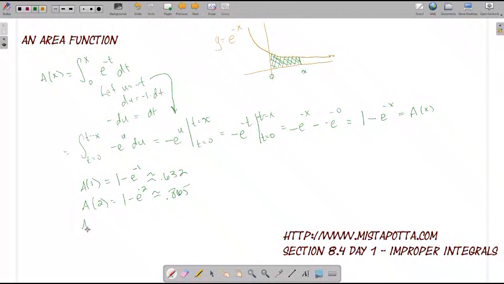But if I want to find the area up to x equals 10, I get 1 minus e to the negative 10 power, but my calculator tells me this is 0.9999955. In other words, this e to the negative 10 power that I'm subtracting is negligible.